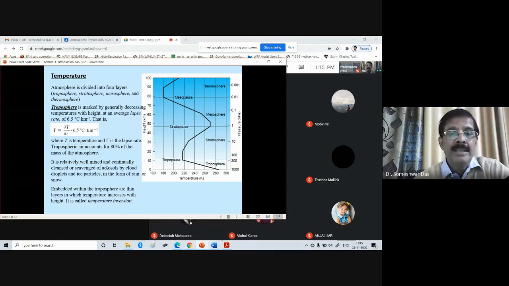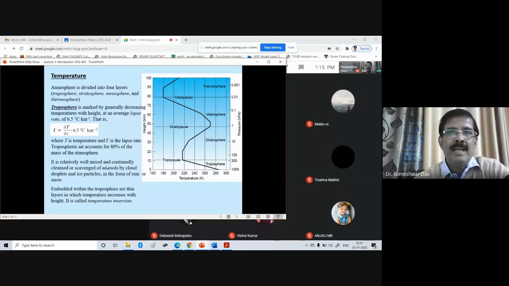So IMD takes the observation generally twice a day, and we have about 40 radiosonde stations all over India.